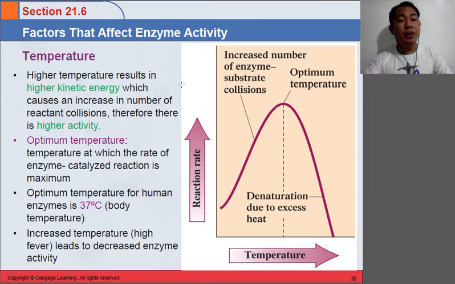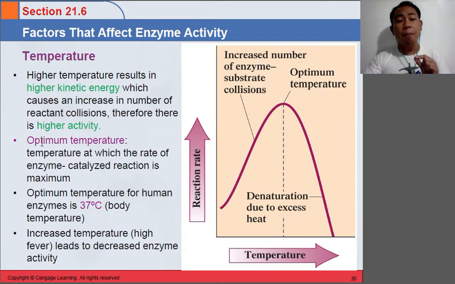In temperature, higher temperature results in higher kinetic energy, which causes an increase in the number of reactant collisions. So therefore, there is high activity. When there is an increase in temperature, there is a high activity of enzymes. But there is what we call the optimum temperature.